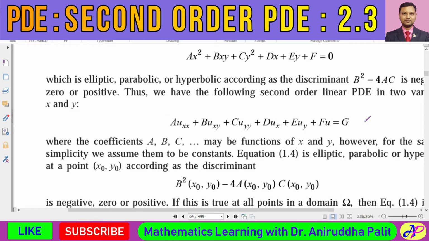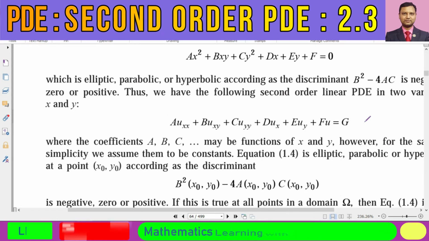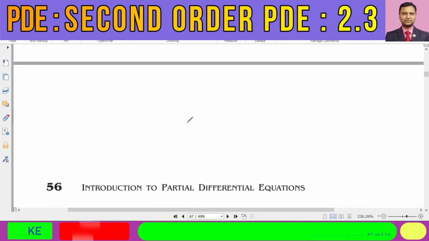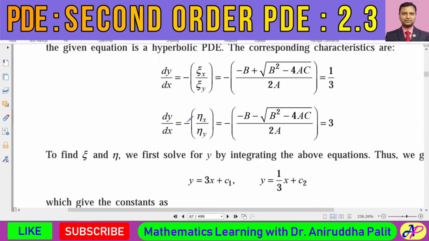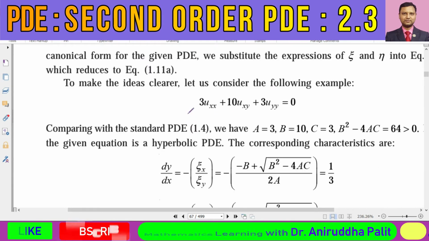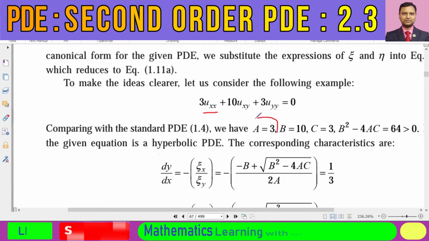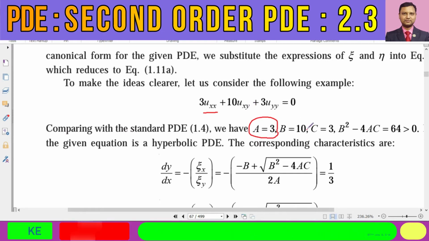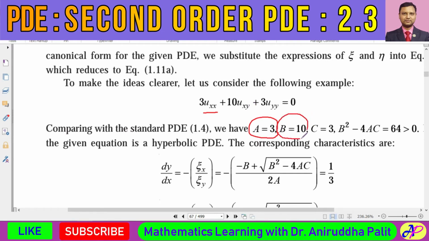Now let's move to the differential equation, the example. Here the coefficient of uxx, that is A, is equal to 3. The coefficient of uxy, B, is equal to 10, and the coefficient of uyy, C, is equal to 3.